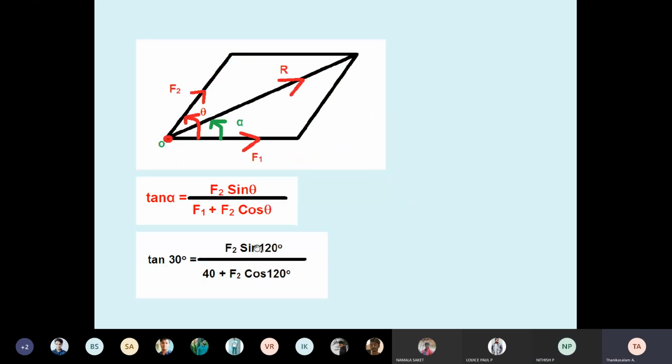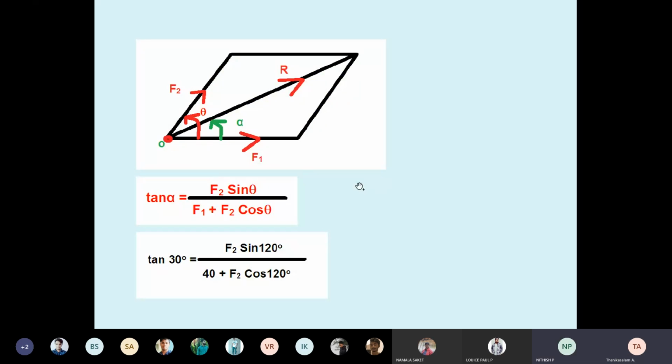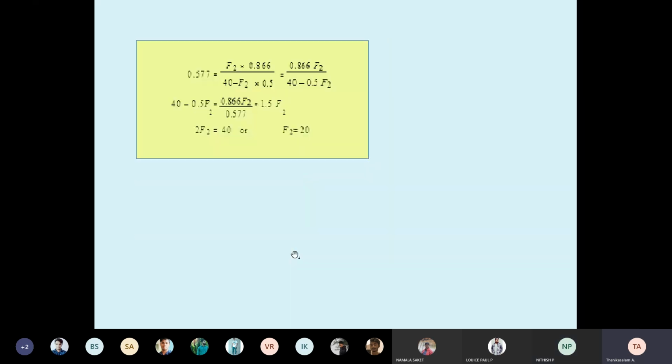That's why I told you that you have to purchase a scientific calculator, as I mentioned last week in our group. Sin 120 and cos 120 give the answer directly. Okay, sir.